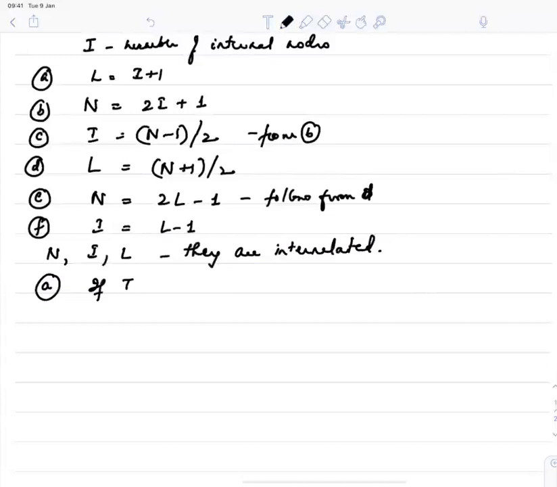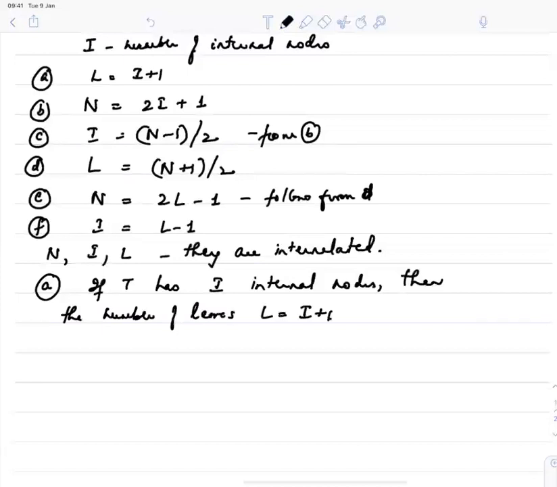If T has I internal nodes, then the number of leaves L is equal to I plus 1. Let's see how we prove this.